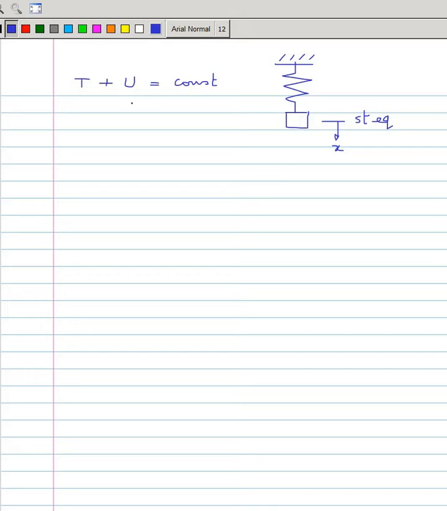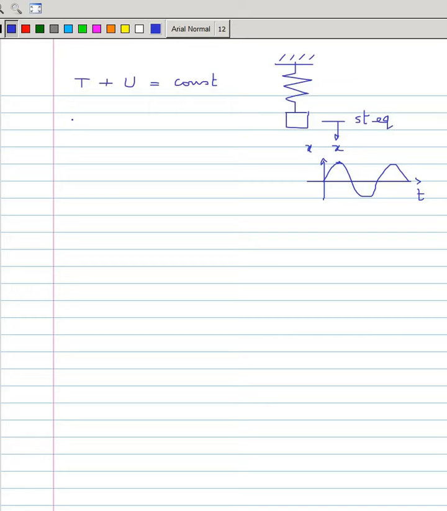Now suppose someone plots x versus t. This is t and this is x. Then when x is maximum, the velocity is 0.